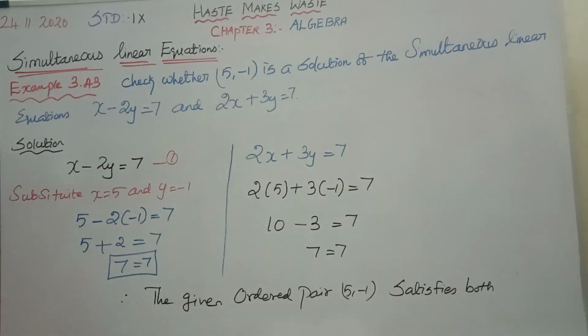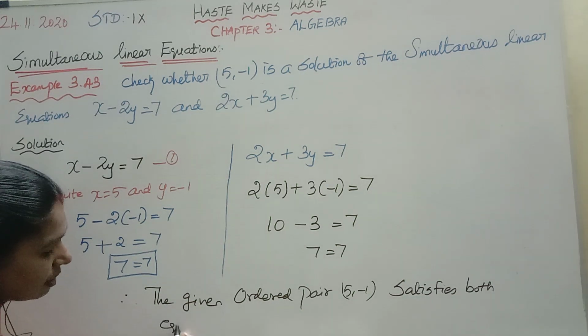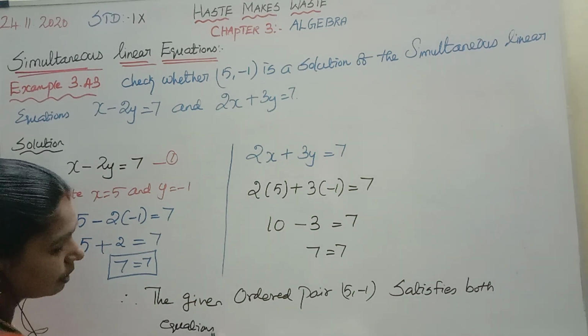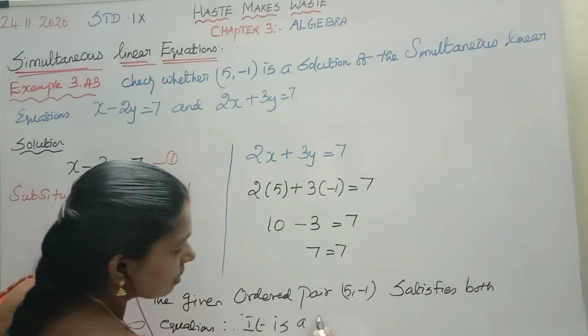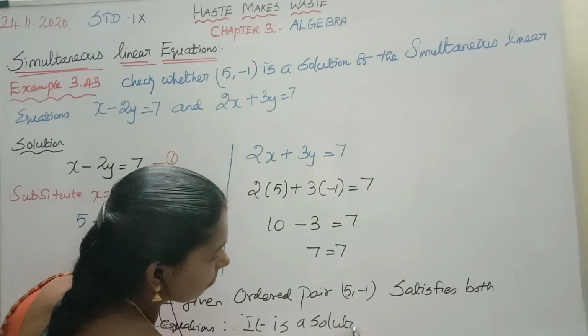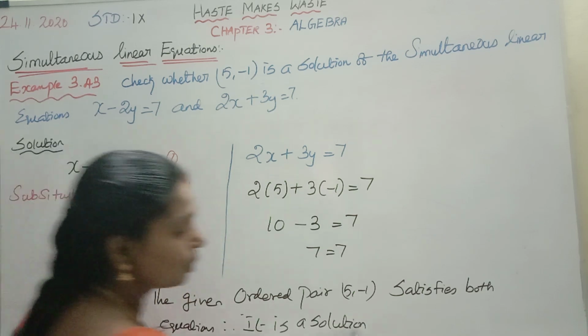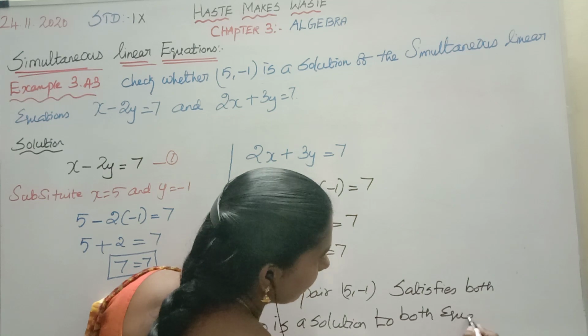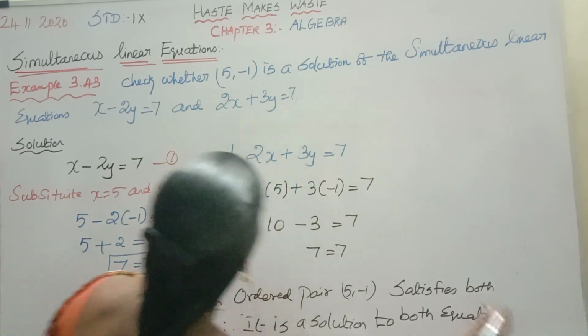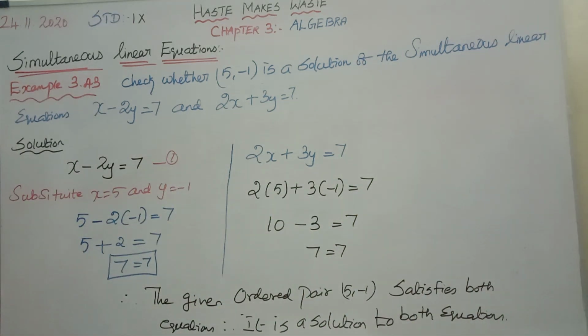You write like that: it satisfies both the equations. Therefore, it is a solution to both the equations. This is a book sum only, Example number 3.43. You note it out and work out in your fair notebook. Thank you, children. Next topic.